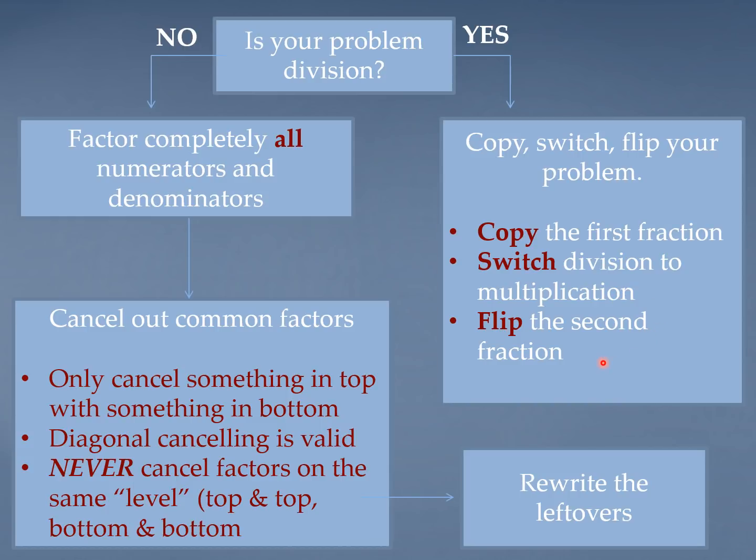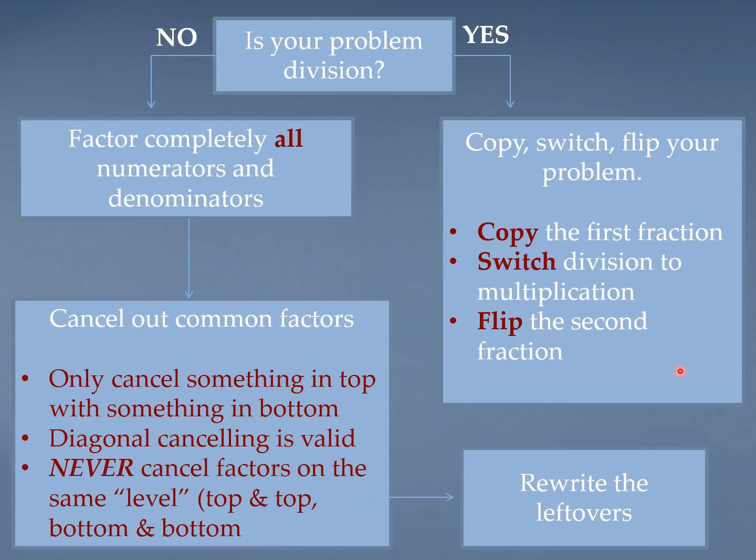And then because you're changing division to multiplication, you have to counteract that with another move, I'll call it, okay? And that move is to flip the second fraction. You're going to turn it upside down. And it is always the second fraction that you flip, never the first. The first fraction you just copy. Copy it, switch division to multiplication, flip the second fraction, and then we're in business.